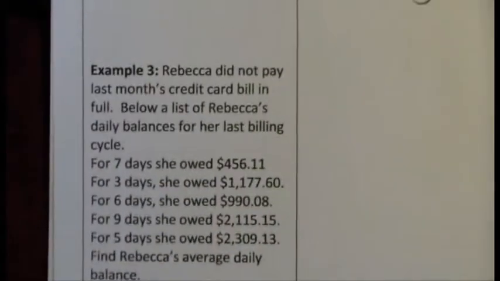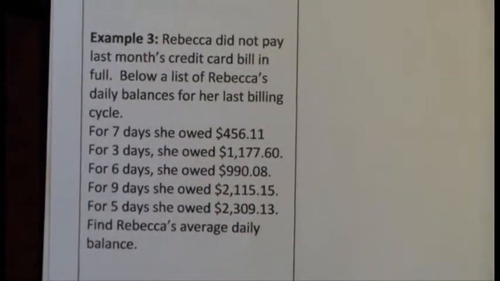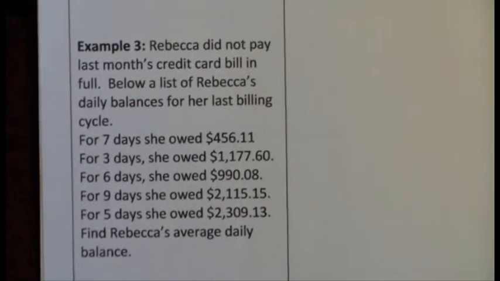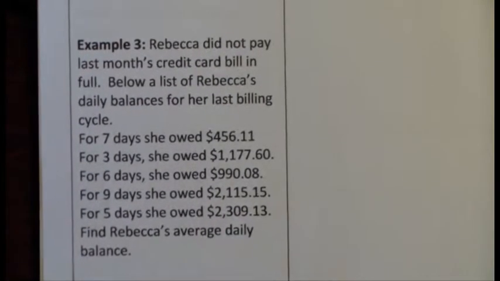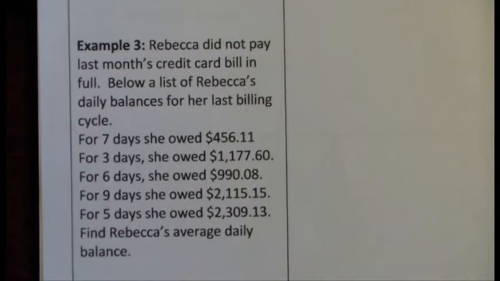All right, so let's do some examples where we actually calculate average daily balance. Example 3: Rebecca did not pay last month's credit card bill in full. Below is a list of Rebecca's daily balances for her last billing cycle. For 7 days, she owed $456.11.